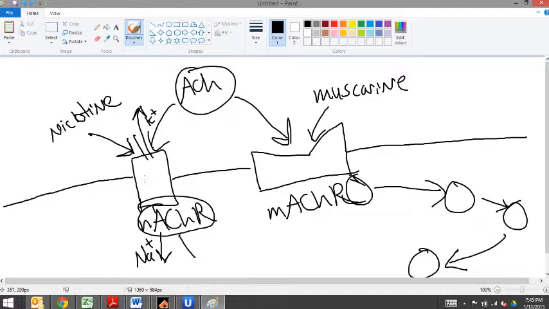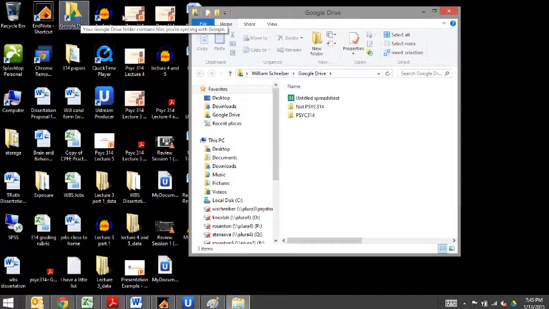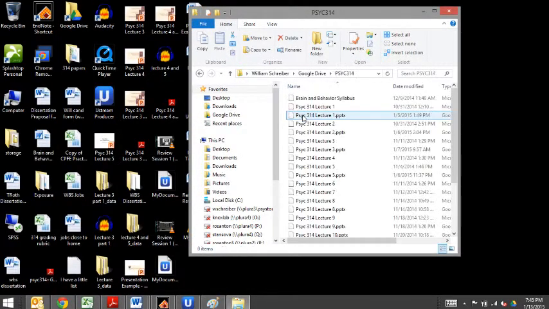We did not get to cover the descending motor system in as much detail as maybe we could have. So there's not going to be an incredible amount of information on the exam about the descending motor system.